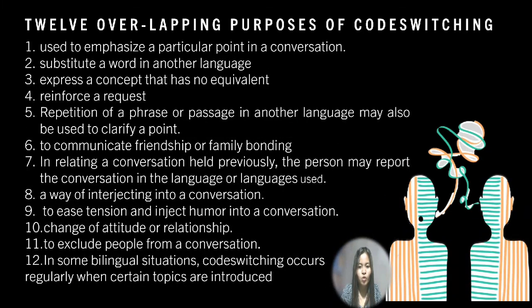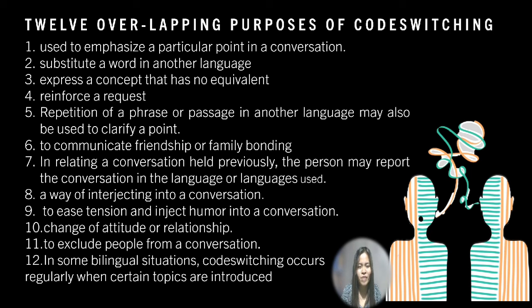purposes of code switching. So number one, code switching is used to emphasize a particular point in a conversation. So if one word needs stressing or is central in a sentence, a switch may be made. Second, if a person does not know a word or phrase in a language, that person may substitute a word in another language.